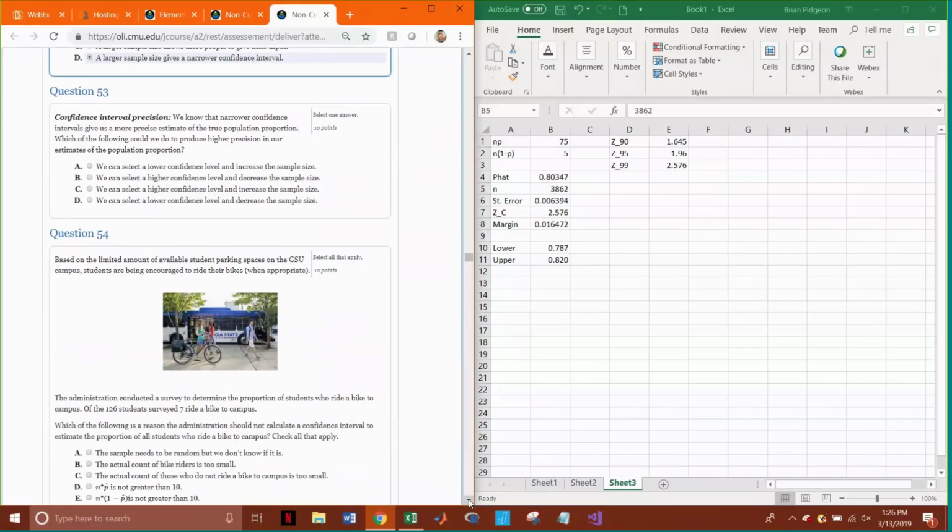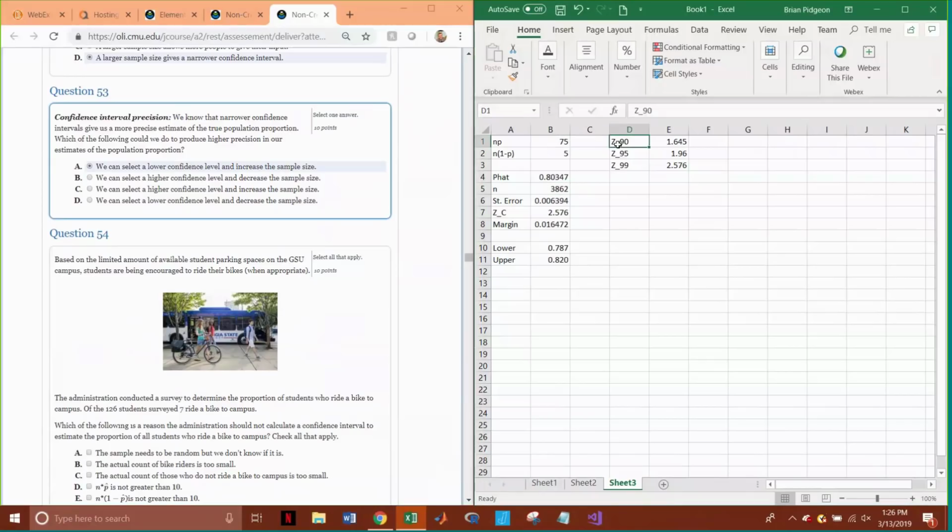Question 53. We know that narrower confidence intervals give us a more precise estimate of the true population proportion. So which of the following can we do to produce higher precision? Higher precision means a narrower confidence interval. So just like the last question, one way of doing that is increasing the sample size. In addition, and this is going to sound a little counterintuitive, look at your z-scores for the various levels of confidence that we have.